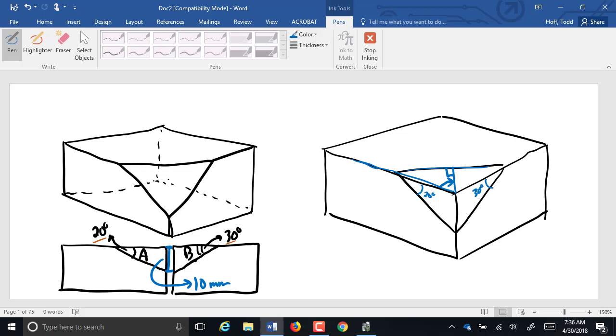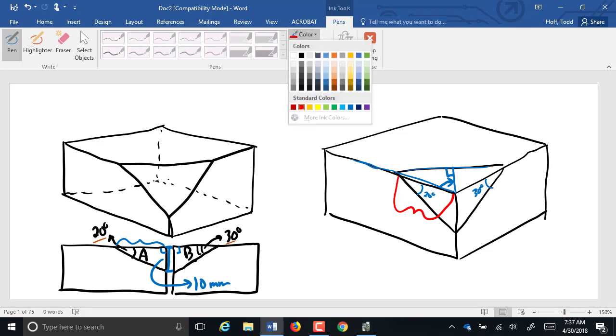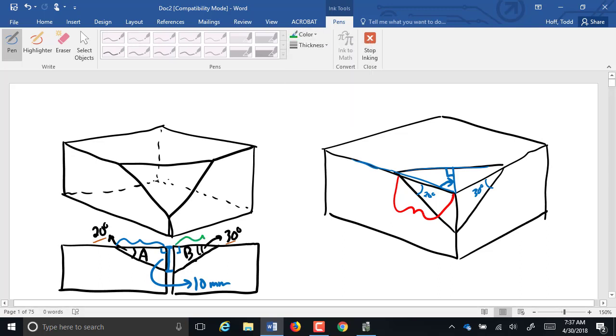Now from that 10 millimeters, I have two right triangles here, one on each side. I can find this dimension, which is just going to be that dimension there. And I can find this dimension, which is going to be this one over here.